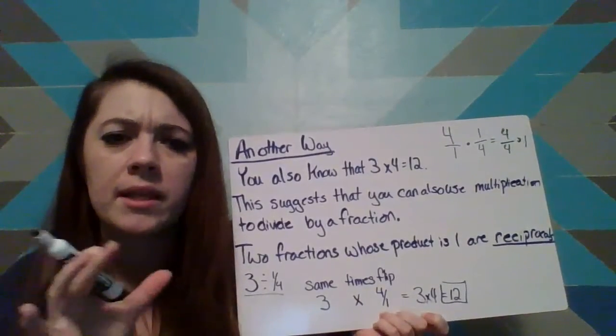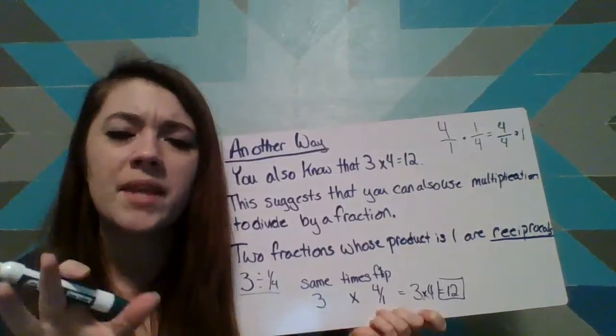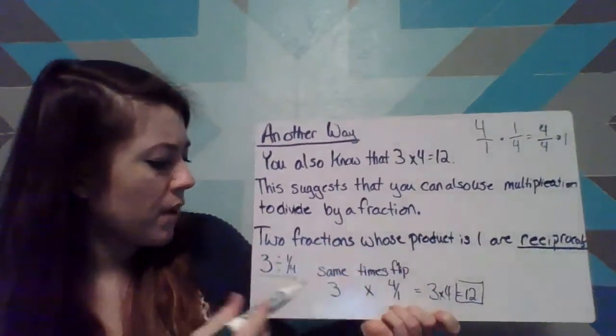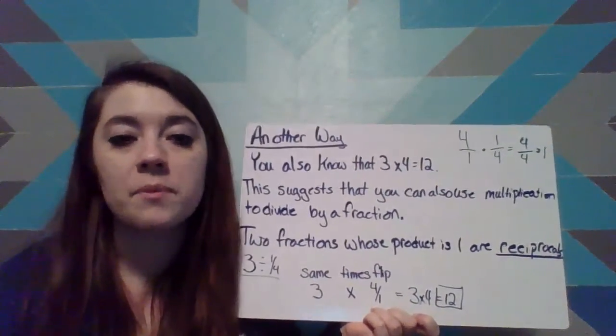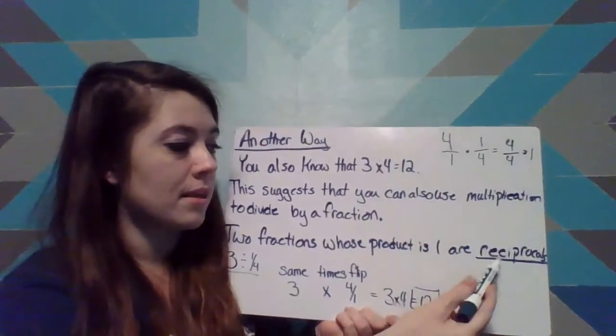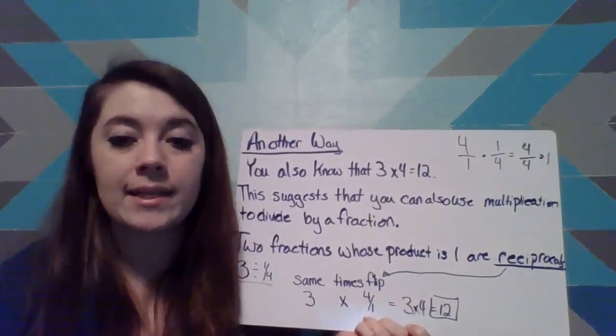Either one works if you know it a different way, but it's same times flip. That's how I grew up thinking of it, so that's what I tend to have you think about. The flip just means give the reciprocal. So reciprocal and flip go hand in hand.